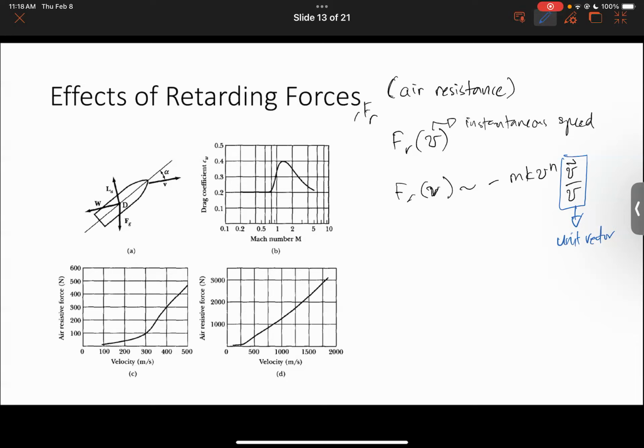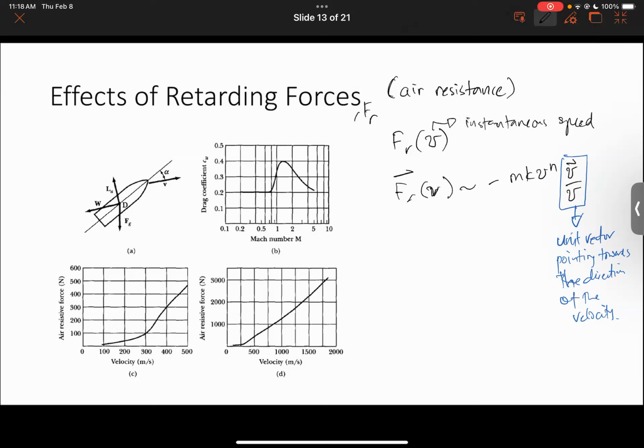Okay, so this is a unit vector pointing towards the direction of the velocity. Okay? So yan yung idea dyan. O yan yung quantity na yan.